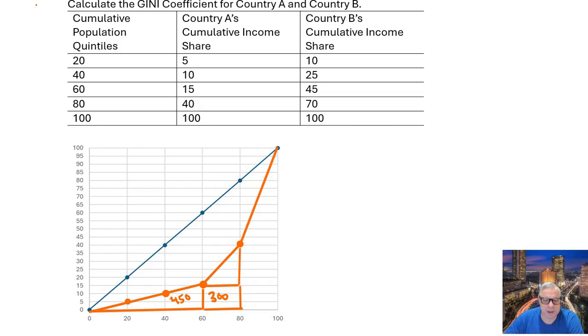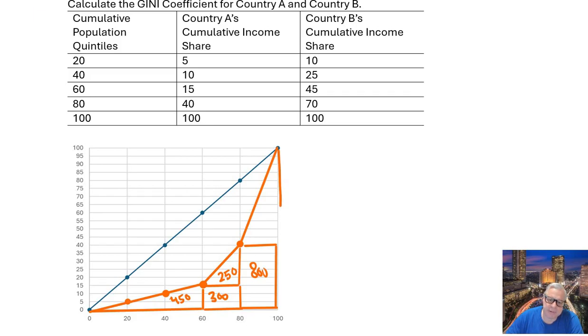So 25 times 20 over 2, so that's 250. Then we have another rectangle, 20 times 40, that's 800.